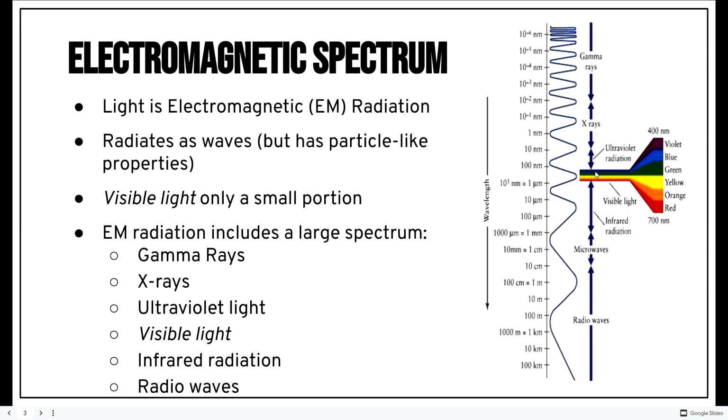Again, visible light is only a small portion, and electromagnetic radiation includes a large spectrum, and these are all of the pieces that are labeled on this image.